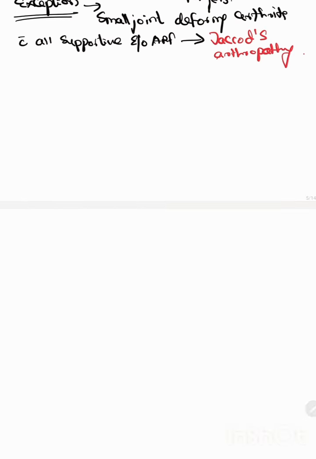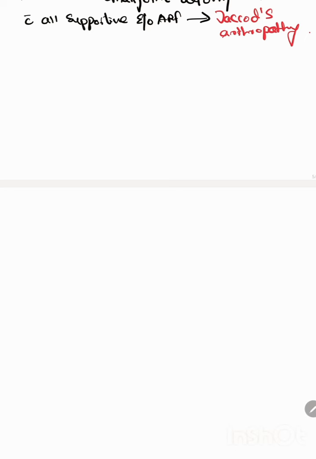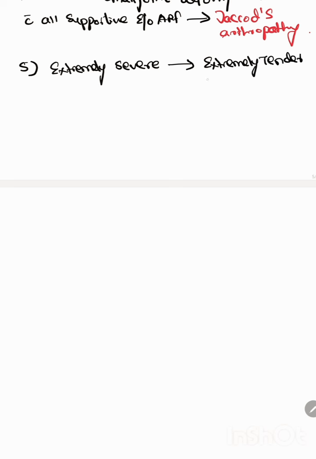Okay, next. What is the characteristic? Joint pain will be extremely severe. And the very famous description is that even a touch of the joint with the help of a thin cloth will be extremely painful for the patient. It is extremely tender even to touch by a soft bed cloth.